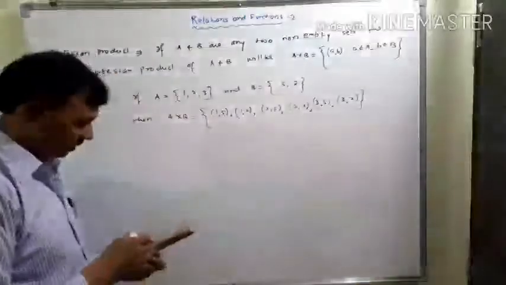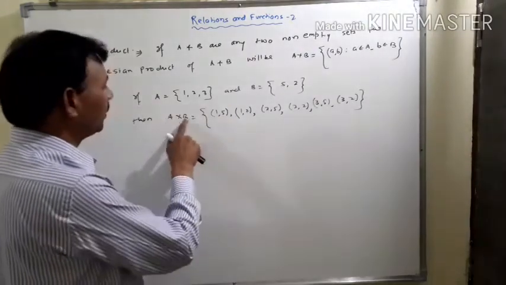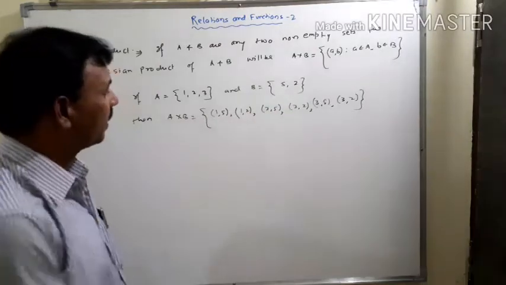These are all the Cartesian product of A and B, which is represented by A cross B.